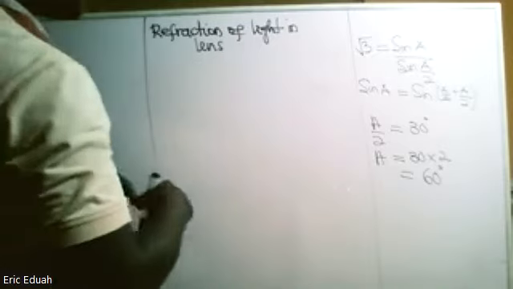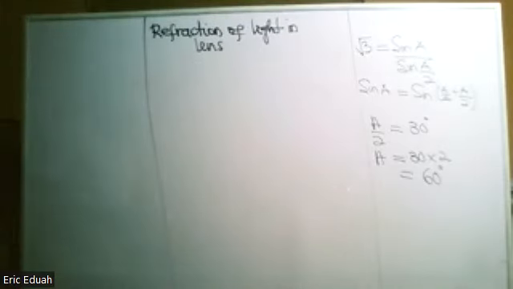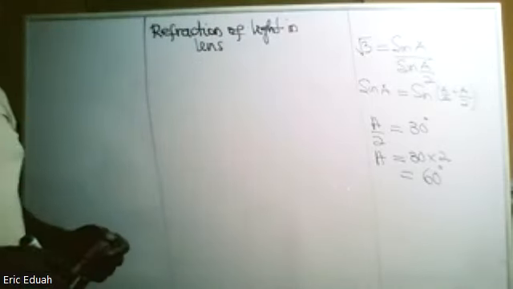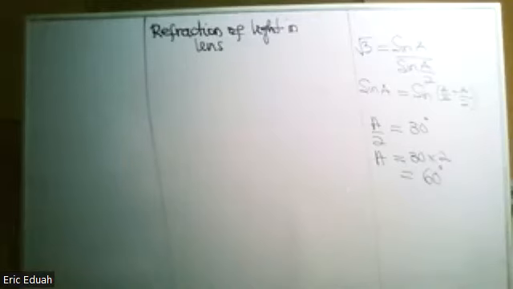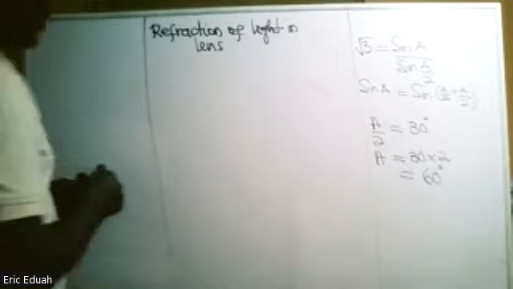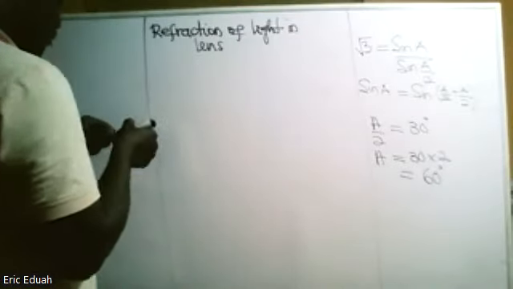It also refracts, just as triangular prisms and rectangular prisms do. So lenses also deviate the path of light.